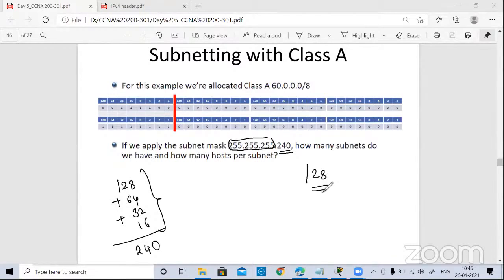Now, how many subnets do we have here? We are given this IP /8, and we have understood that my subnet mask is /28. So now we have to understand how many bits we have on the network side.